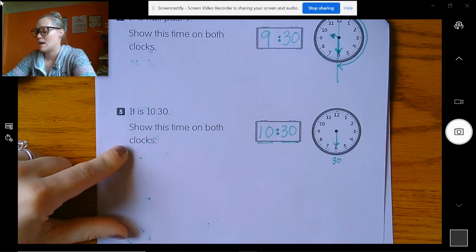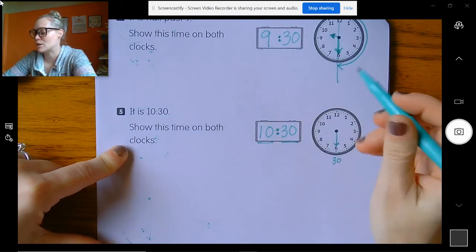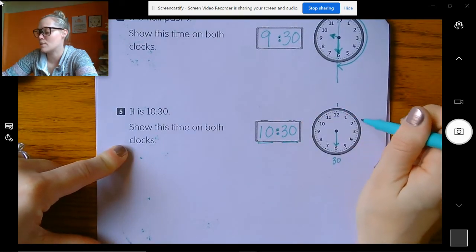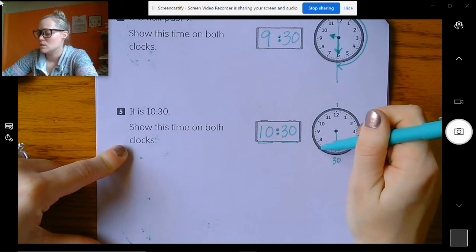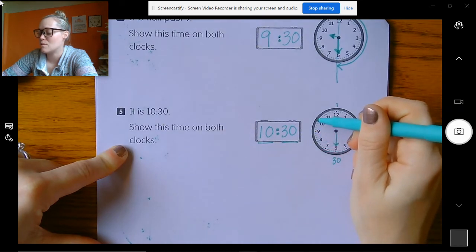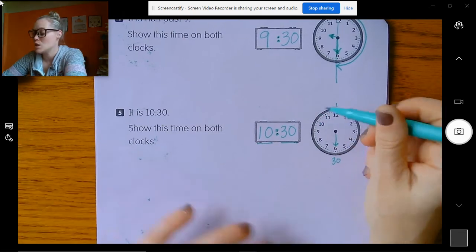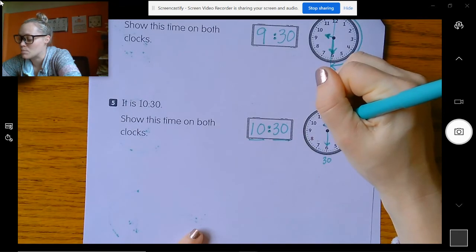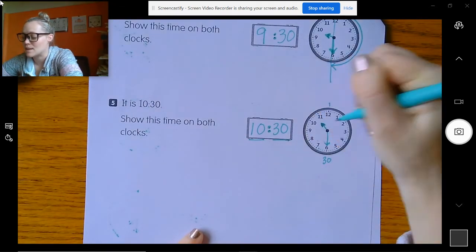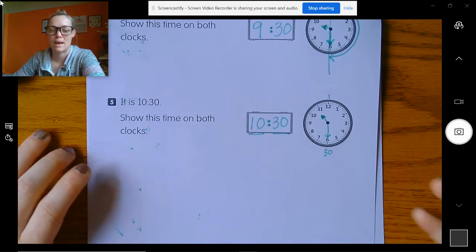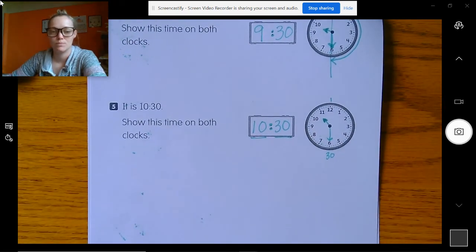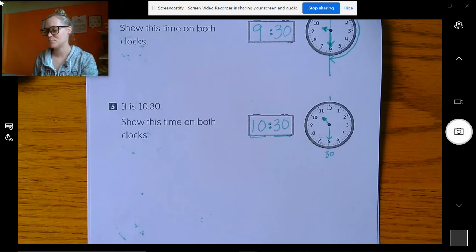And then it's 10:30, so if I start here and I follow around, here's my 10, but I'm going to keep going a little bit because it's actually half past 10. So my hour hand is going to be between the 10 and the 11, and my hour hand is shorter. So go ahead and draw that now.